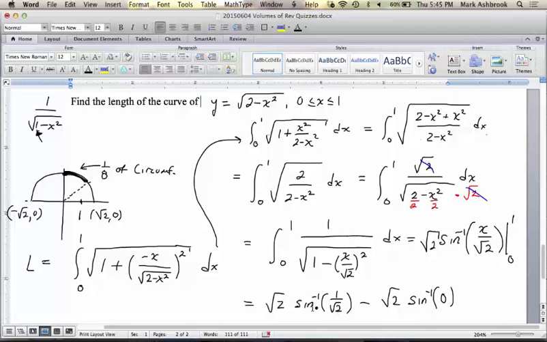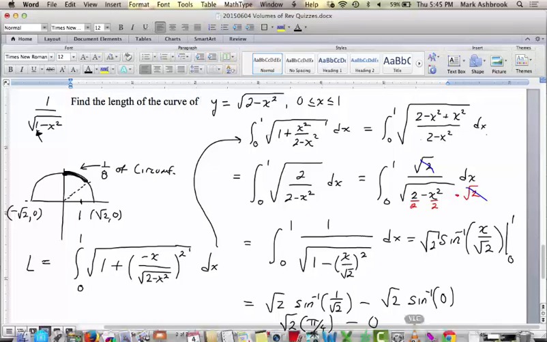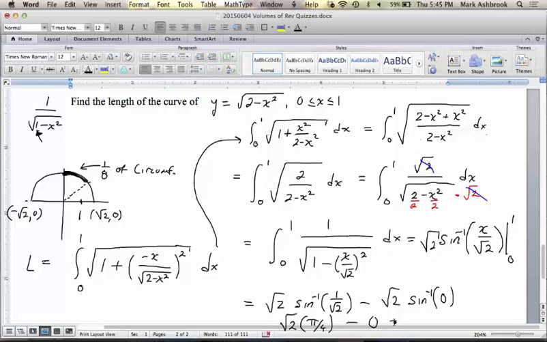What angle gives us a sine of radical 2 over 2? Right, pi over 4. And what angle gives us a sine of 0? 0. So we got that arc length is radical 2 pi over 4.